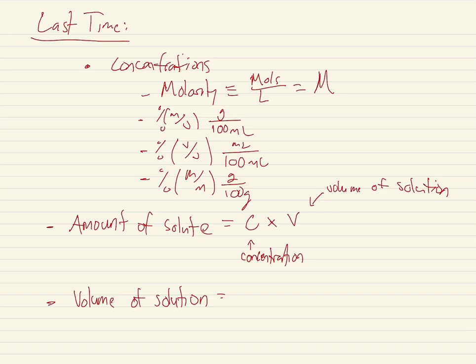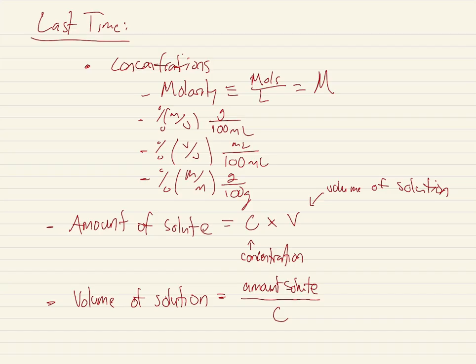Yeah, if we take the amount of solute and divide that by the concentration, that should always give us units of the volume of the solution. So if we take the amount of solute and divide it by the concentration value, that'll give us the volume of the solution.